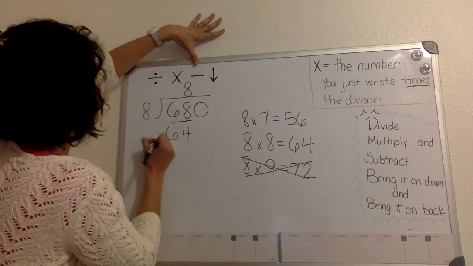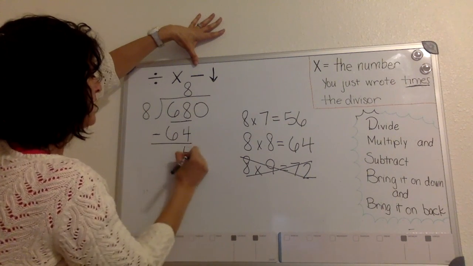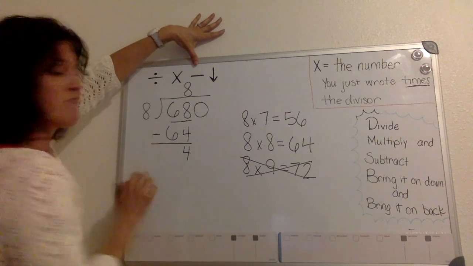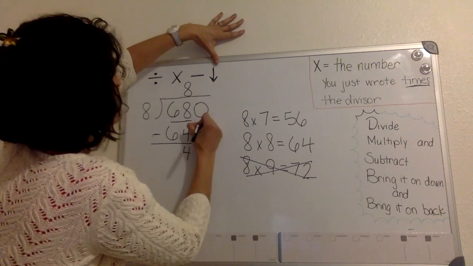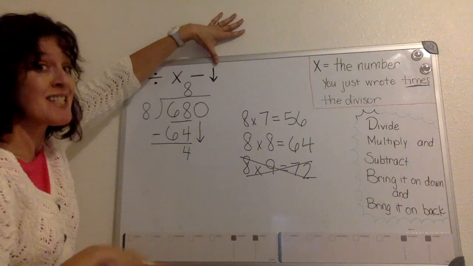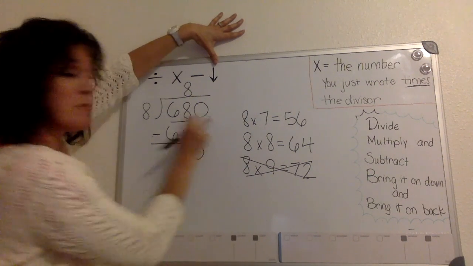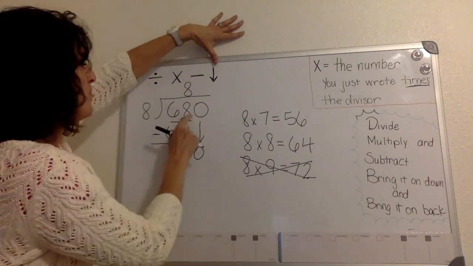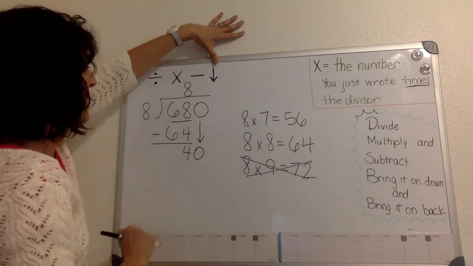Subtract. 8 minus 4 is 4. Bring it down. Even though it's just a 0, I have to bring it down because it's a number there, okay? That number is very important no matter what number it is. Got to bring it down.